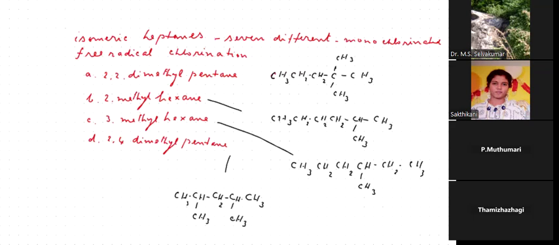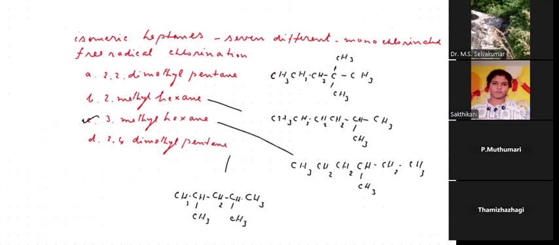This is fourth. This is fifth. This is sixth. This is seventh. So only this compound, all the 7 hydrogens in the 7 carbons are non-equivalent. But in all other compounds, there are equivalent hydrogens.